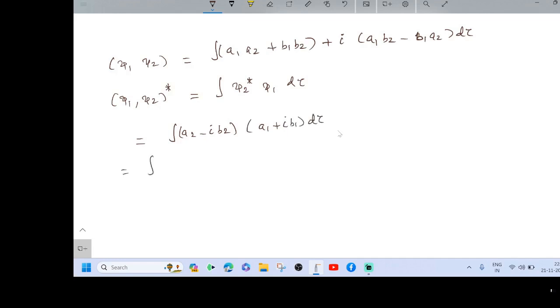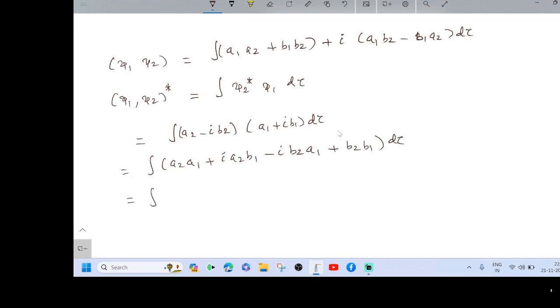This equals a2 a1 plus I into a2 b1 minus I into b2 a1 plus b2 b1 into d tau.